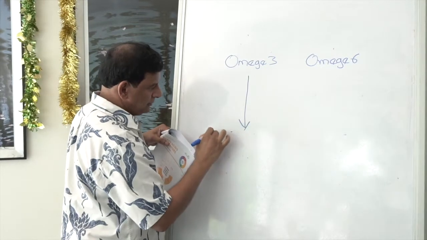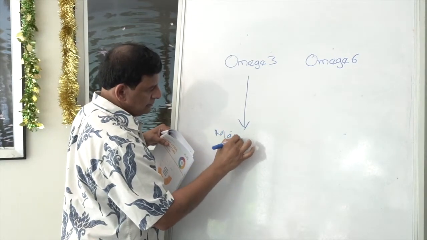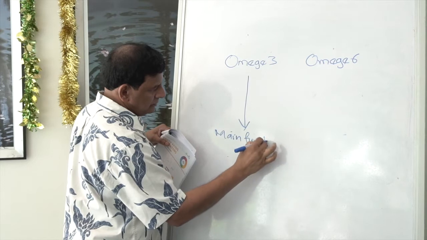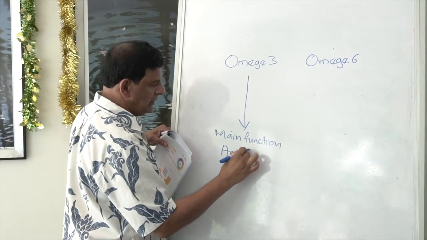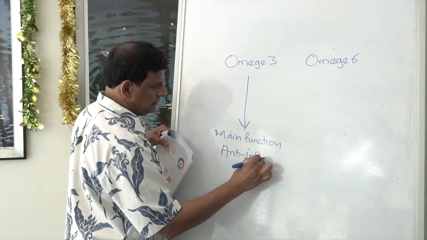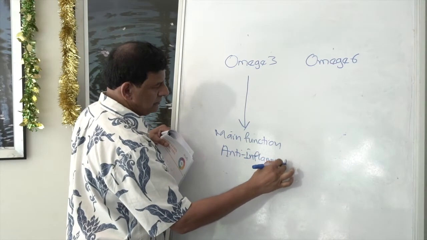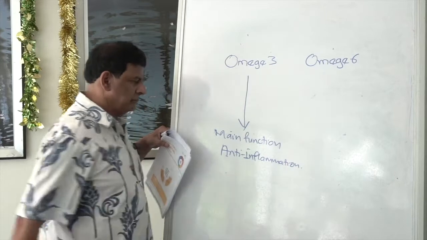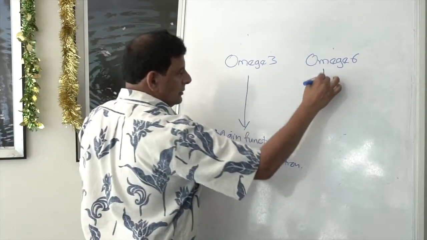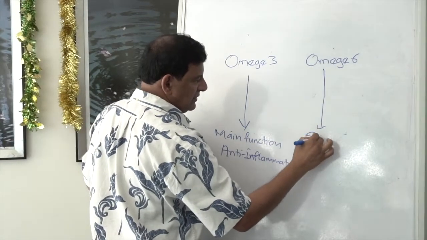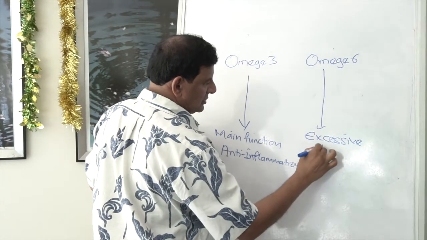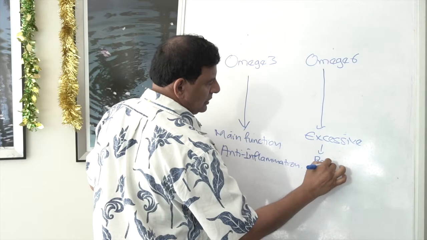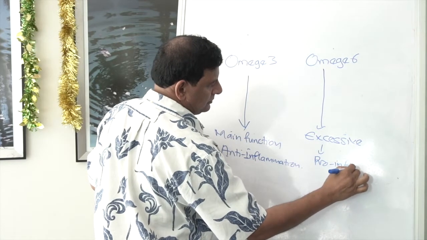Omega-3's main function is anti-inflammation. If it's excessive, omega-6 is pro-inflammation.